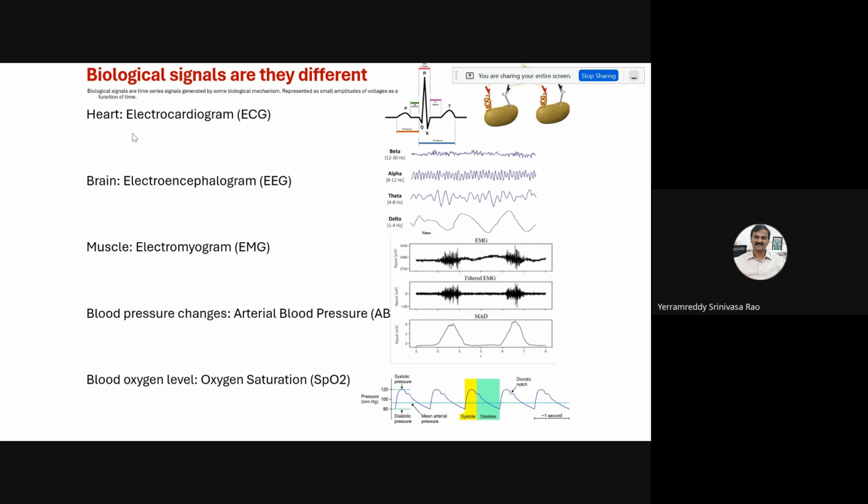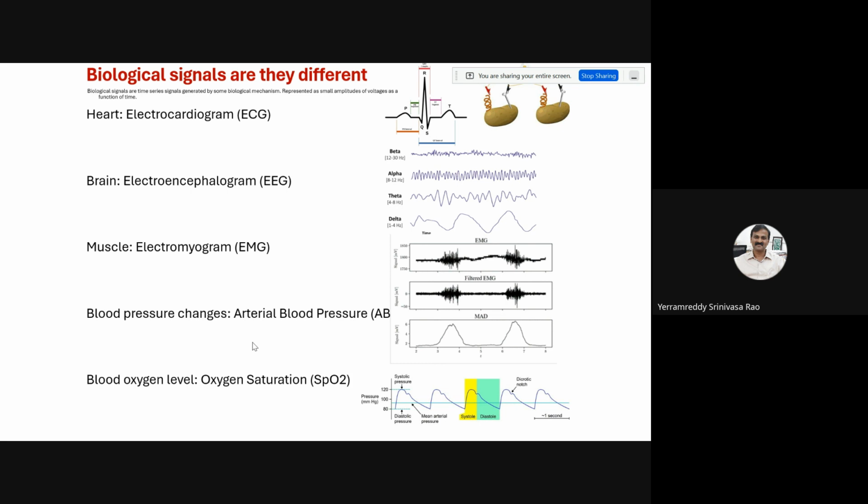Similarly, other biological signals are brain waves. We were discussing how a brain gives brain functional signals, the electroencephalogram, EEG. Then your muscles generate signals, called the electromyogram. Your blood pressure changes, and that is a signal called systolic, diastolic.